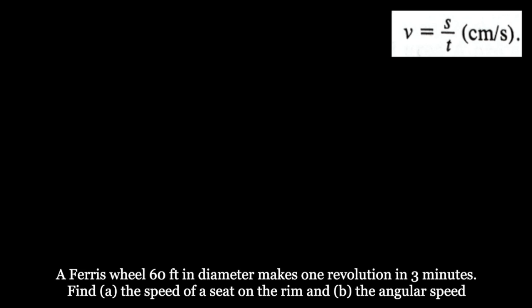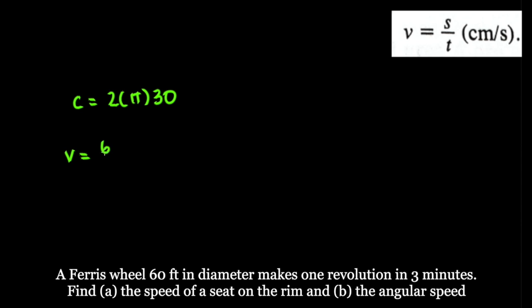In one revolution, the seat travels the distance of the circumference of the wheel. The circumference, as we know, equals 2 pi r. So our circumference is going to equal 2 times pi times 30. Now in our formula, v equals s divided by t, where s is the circumference.